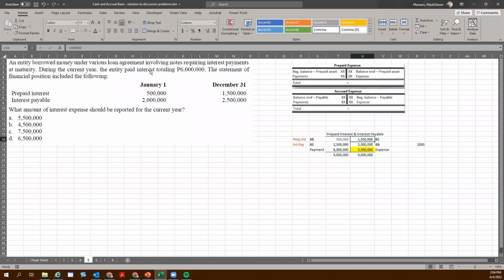And then ending balance of 1,500,000. Plus yung BE, balancing end, in-abbreviate ko lang. No? And then we have interest payable. Interest payable being liability account. So we have a beginning balance of 2 million. And then of course, yung ending balance would be 2,500,000.